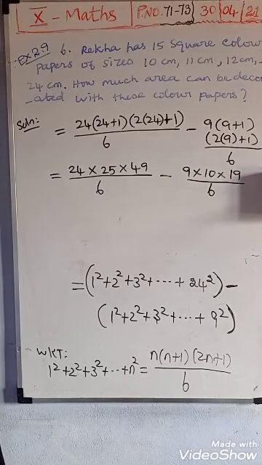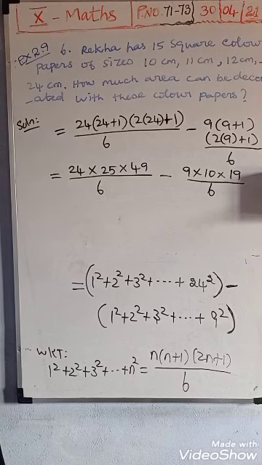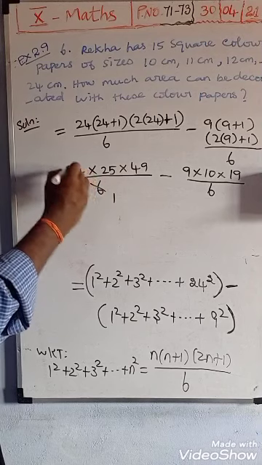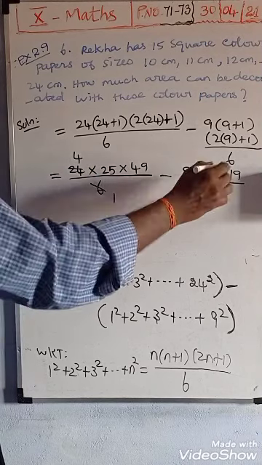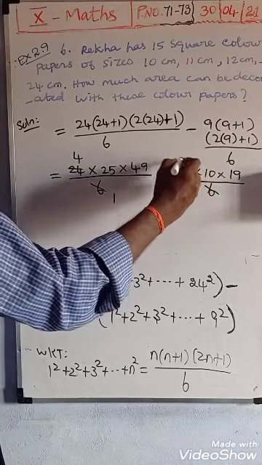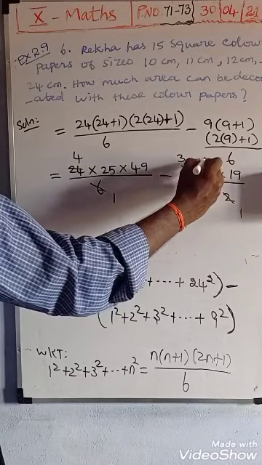Now next step you should cancel this. 6 table, check which one is possible in the numerator; if it is possible, you can cancel. So 6 table, 1 6 is 6, 4 6s are 24. Here 6 table is not possible for the other, so cancel with 3 table: 3 3s are 9, 2 3s are 6. Again 2 1s are 2, 2 5s are 10.